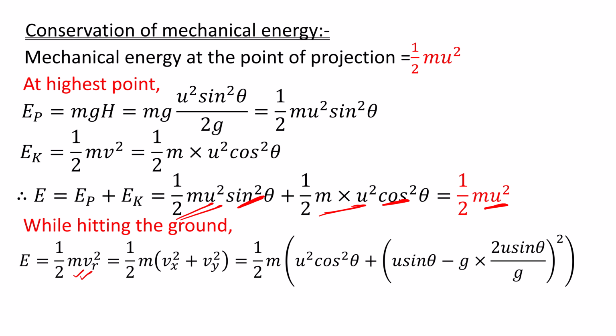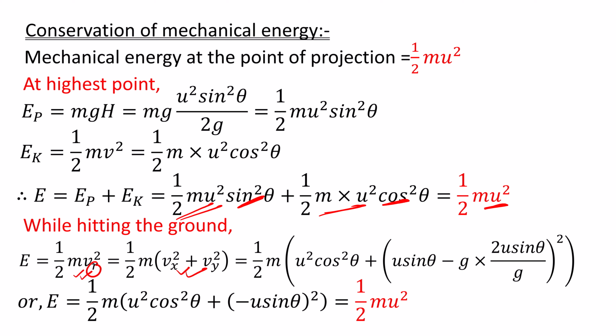Let's substitute the value of resultant velocity. We get (1/2)mu². We see at each point, at the time of projection, at the highest point, and at the time when the projectile hits the ground, the mechanical energy is the same. This proves the conservation of mechanical energy during projectile motion.